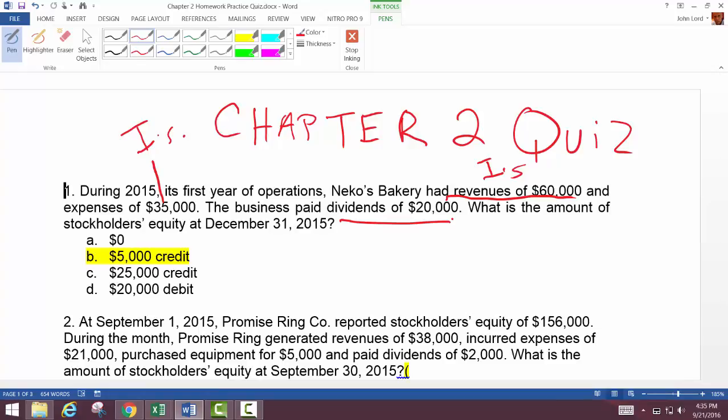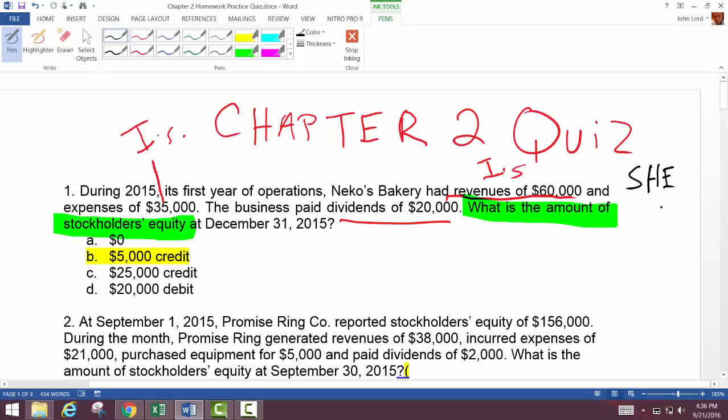And then this question had a little bit of a wrinkle in there. They ask you, what is the amount of stockholders' equity? So you're saying, well, they give me all the tools to answer something about retained earnings, and then the question makes a turn on me and says, tell me about stockholders' equity. So you'd have to say, well, my stockholders' equity consists of what?